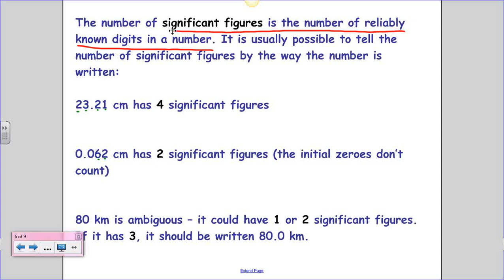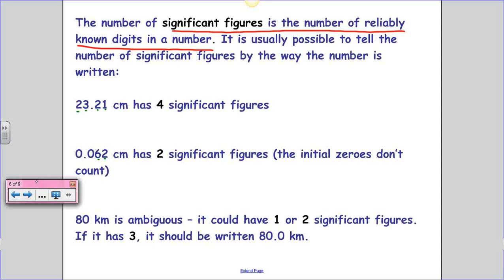Now the zeros are the tricky part. In this case, the zeros do not count because they come in front and they act as a placeholder. So these zeros do not count. So 0.062 has 2 significant figures.